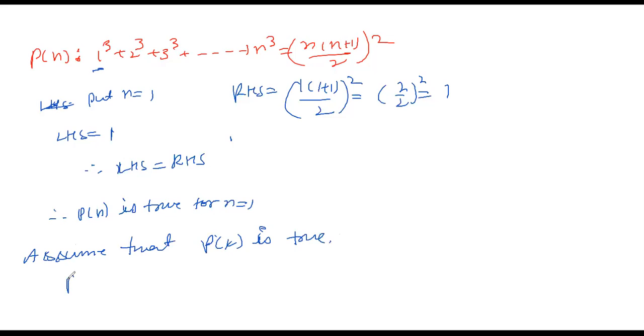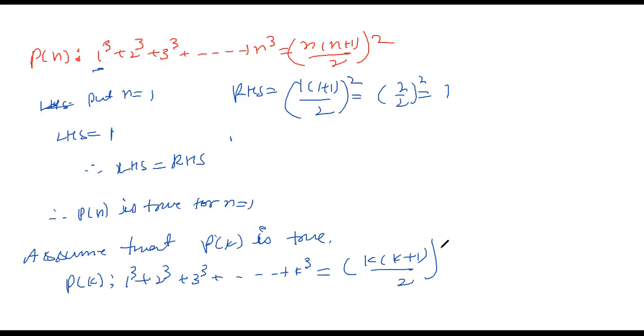P of k is 1 cube plus 2 cube plus 3 cube and so on plus k cube is equal to (k into (k plus 1) by 2) whole square. This is the equation. Take it as equation 1.